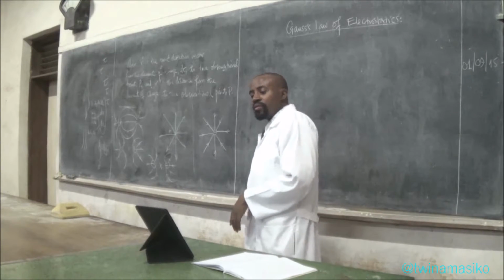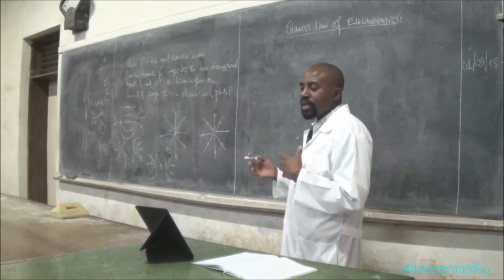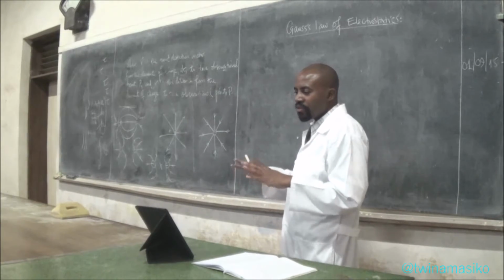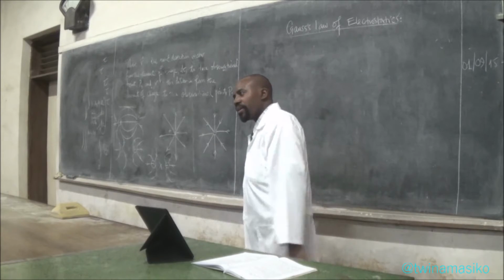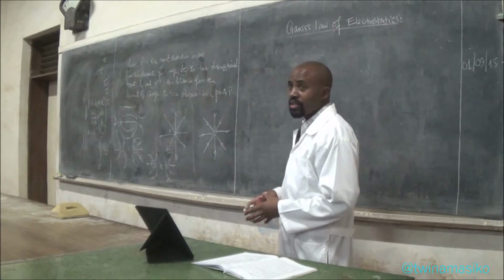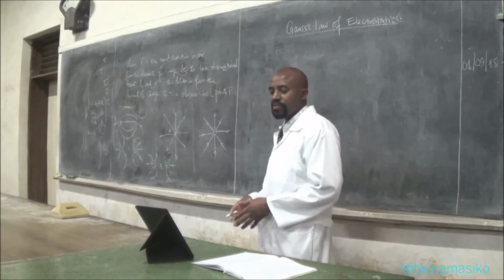So when we talk of Gauss's law of electrostatics, we are interested in knowing how this electric field intensity is related to a given area. And then we talk of the electric flux. So sometimes we call it Gauss's flux theorem.